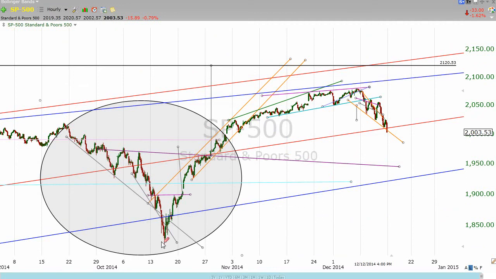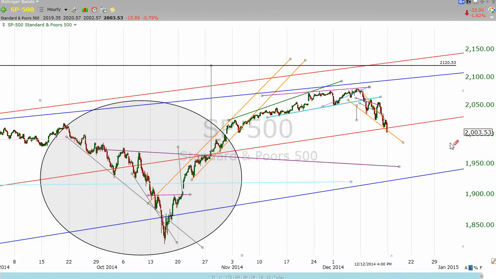But from the bottom, down here at about 1820 to the top at roughly 2080, that's about a 14% move in less than 2 months. Actually, it made it in a little bit more than a month and a half.